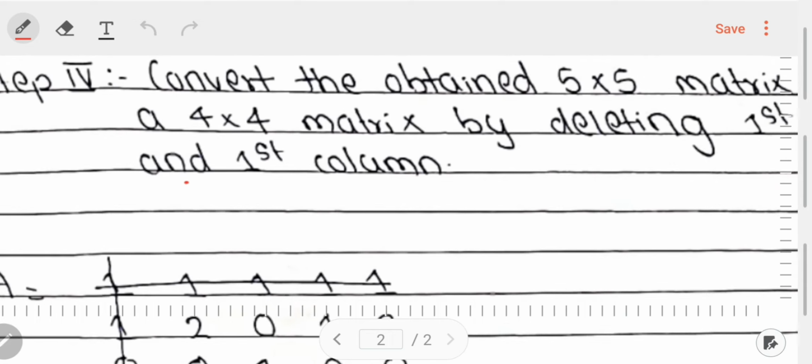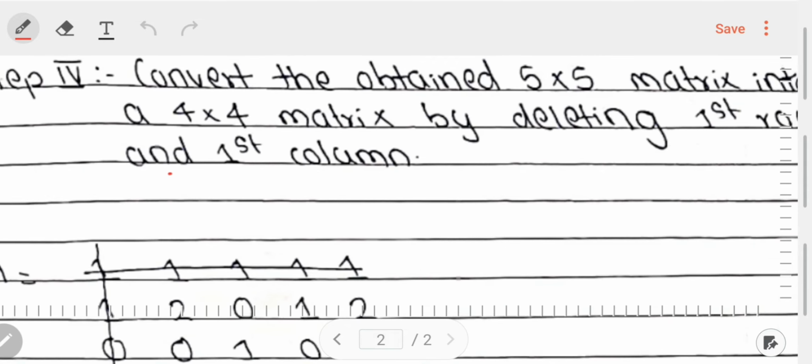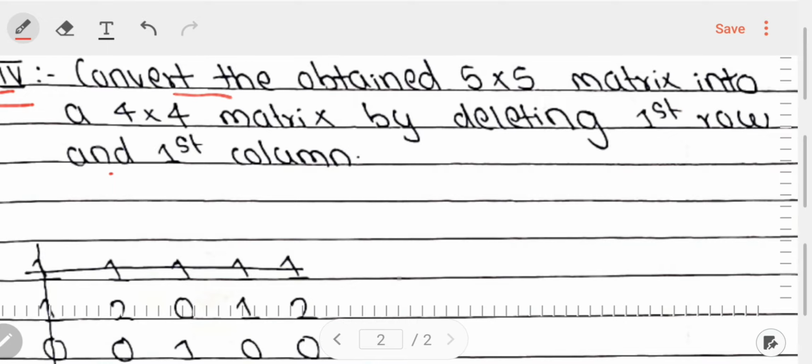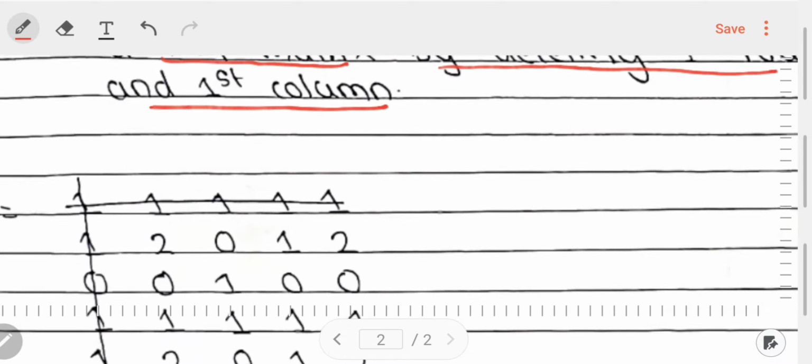Step 4 here is we have to convert the obtained 5 cross 5 matrix into a 4 cross 4 matrix by deleting the first row and first column.